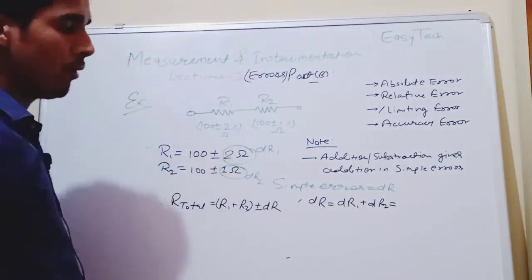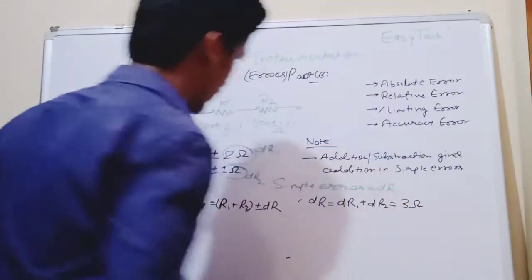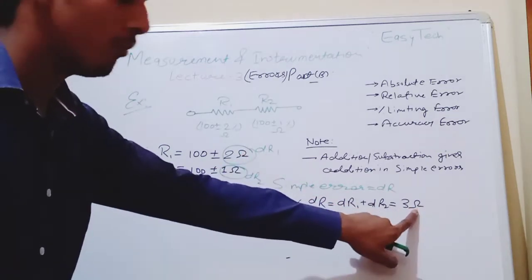Here 2 ohm plus 1 ohm is equivalent to 3 ohm.